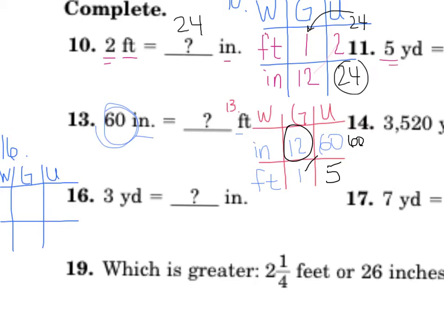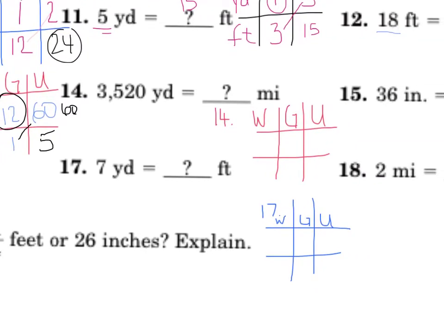Okay, number 14. We have yards and we have miles. On the math chart, it tells us that there are 1,760 yards in 1 mile.